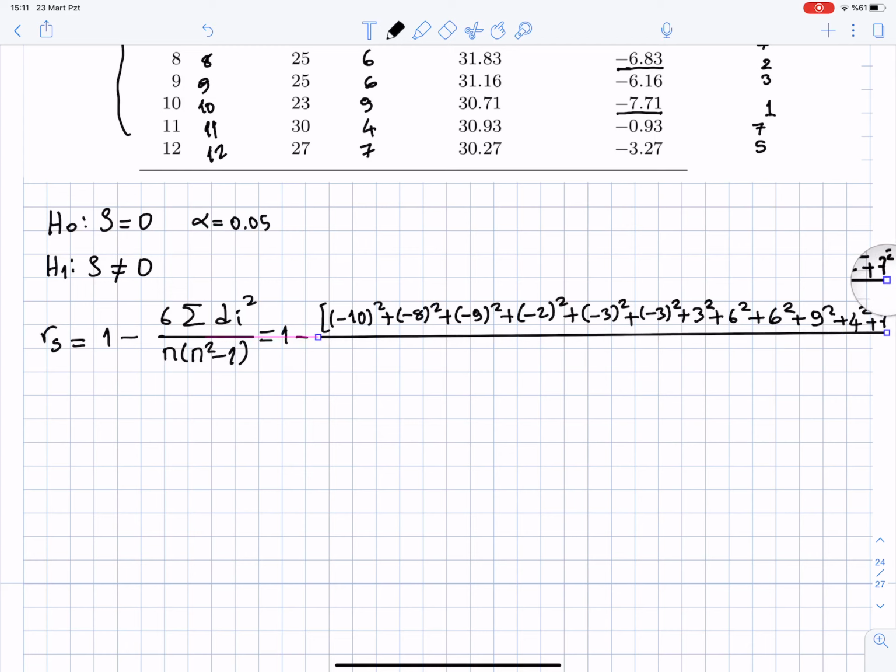That's the division part, and that's divided by 12 times 12 square minus 1.